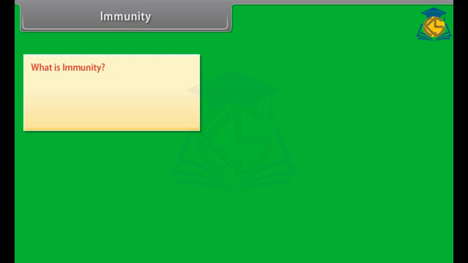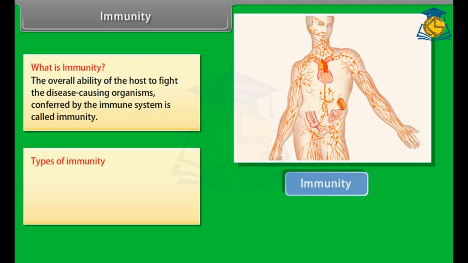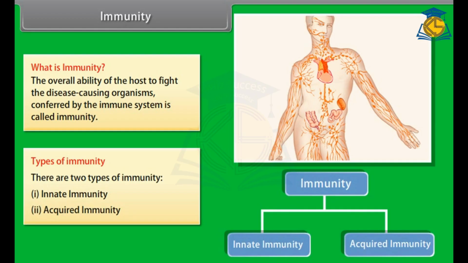Immunity. What is immunity? The overall ability of the host to fight the disease-causing organisms conferred by the immune system is called immunity. Types of immunity. There are 2 types of immunity: innate immunity and acquired immunity. Innate immunity.